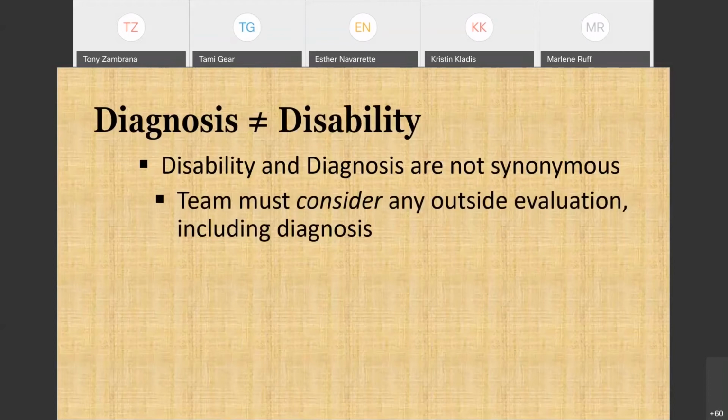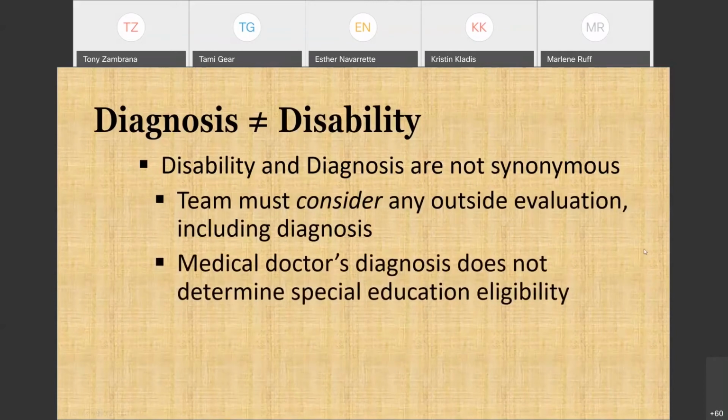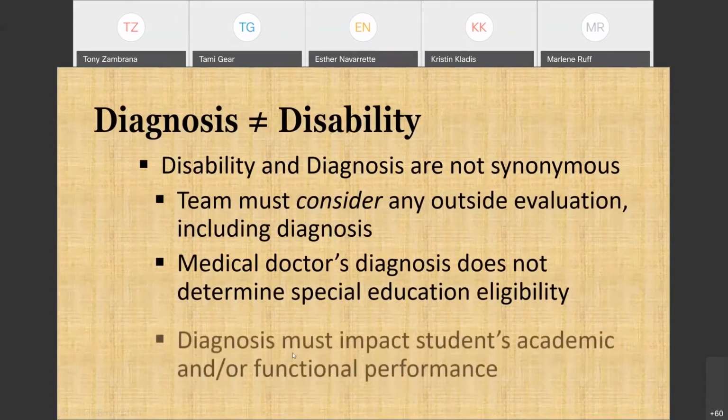You have to consider that as part of this whole eligibility test. So again, medical doctor's diagnosis does not determine special education eligibility. Sometimes we'll have a doctor that writes a note that says this student has ADHD and should be served in special education. That's lovely, but it does not make them automatically eligible for special education.